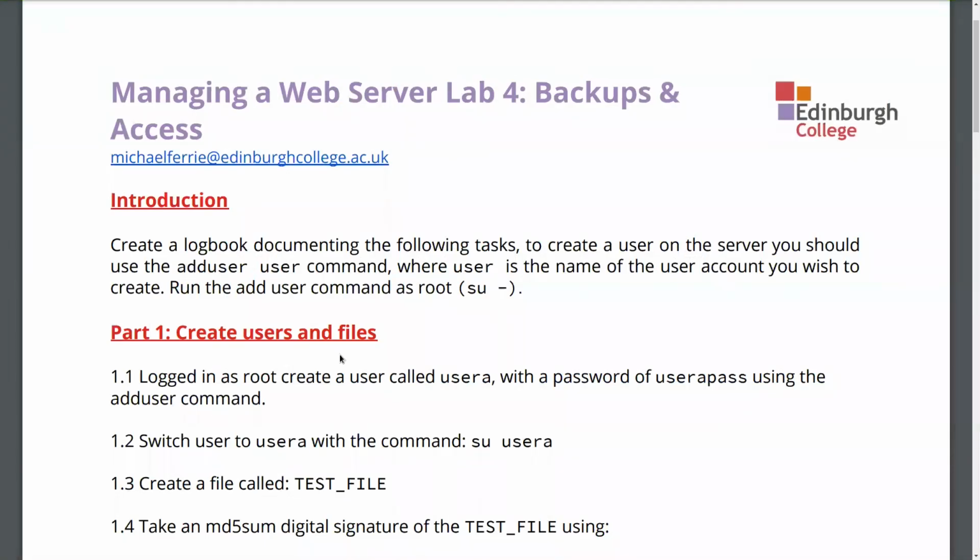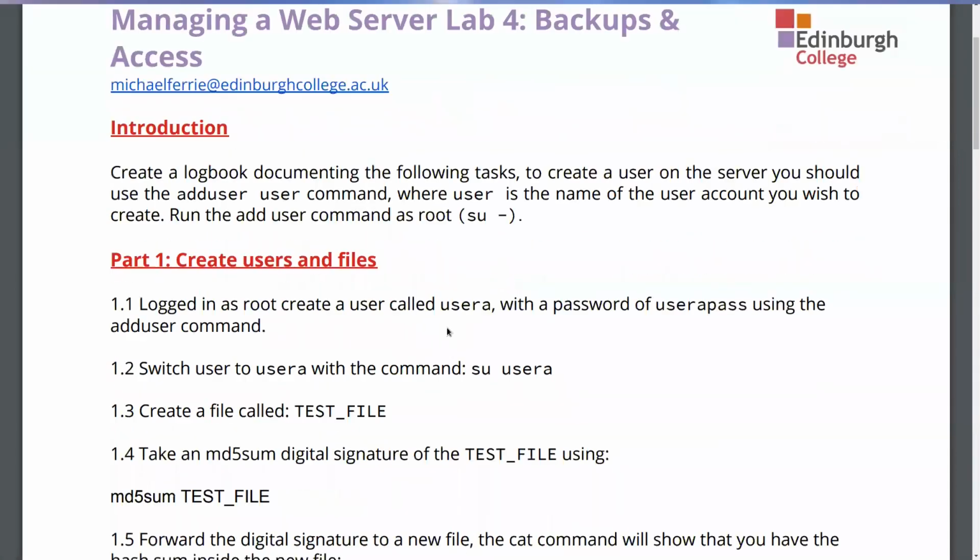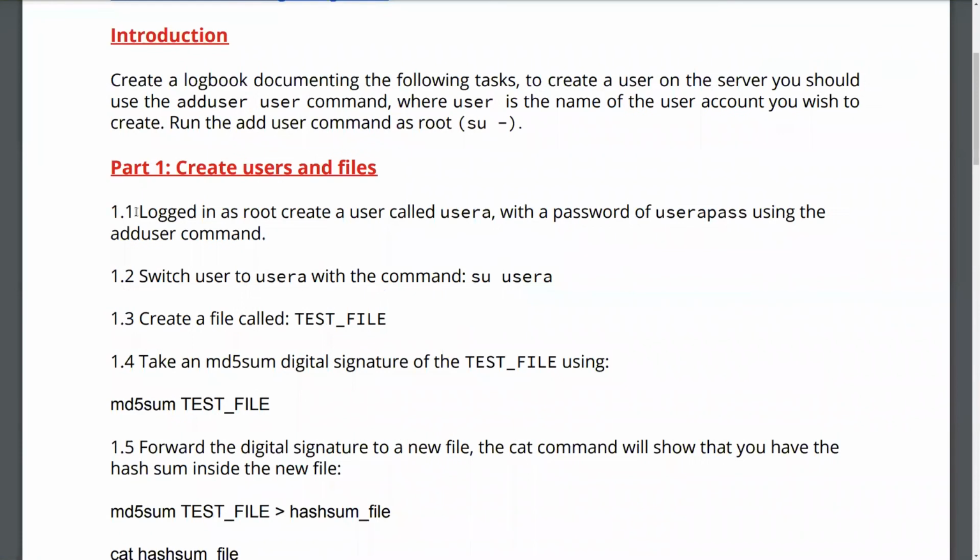So in the lab for backups and access, topic 4, we're going to create a user on our server called user A. Now, you'll be pleased to know you can add a user to a server using a command called adduser. You just type adduser and then you type the name of the person that you want to add.